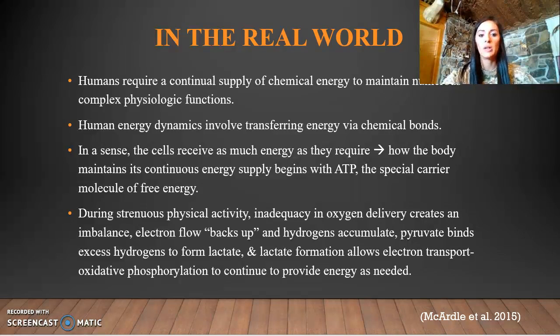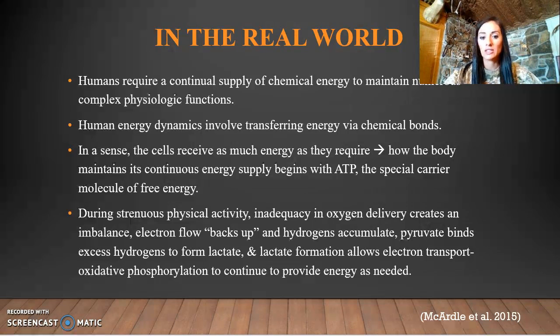So how does this apply? Humans require a continual supply of chemical energy to maintain numerous complex physiological functions. Human energy dynamics involve transferring energy via chemical bonds. In a sense, the cells receive as much energy as they require. How the body maintains its continuous energy supply begins with ATP, which is the special carrier molecule of free energy.